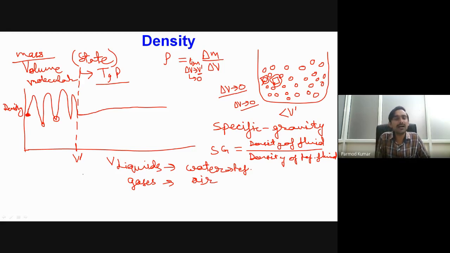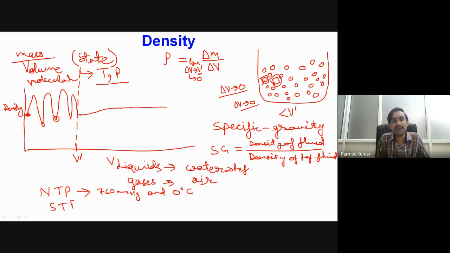Then two important terms are normally used while we specify the reference state. Either we specify the reference state at NTP, which refers to normal temperature and pressure, where the pressure is 760 mm of mercury and the temperature is 0 degrees Celsius.